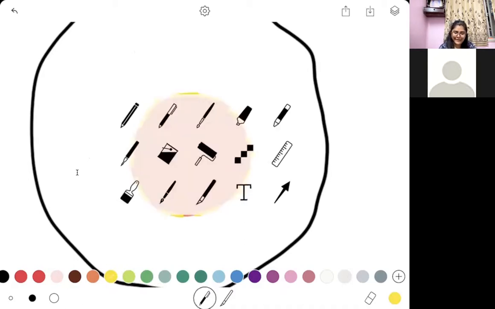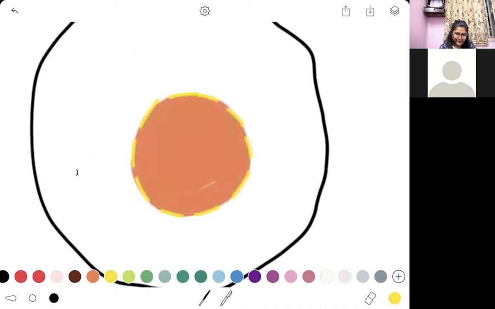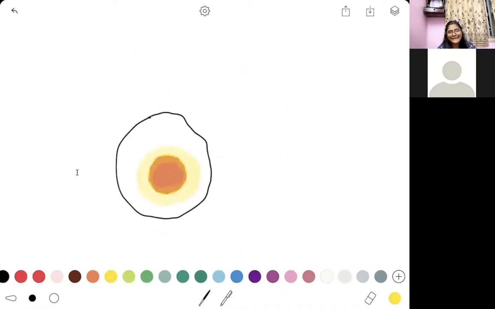So this entire nucleus is going to start breaking down into its cellular matrix, and then it is going to disappear. Once this nuclear membrane disappears, all of the nuclear content is going to start condensing down.